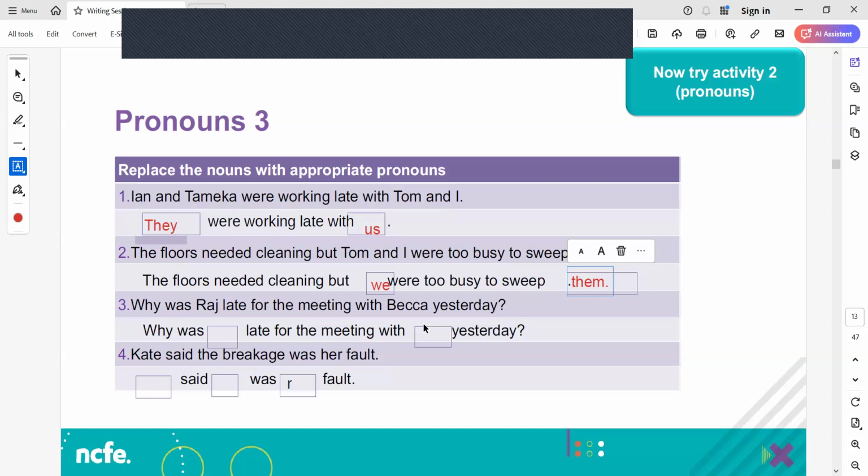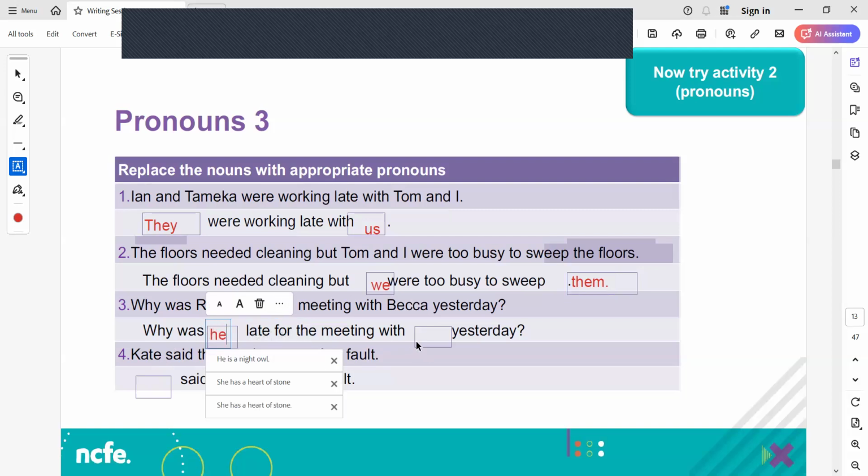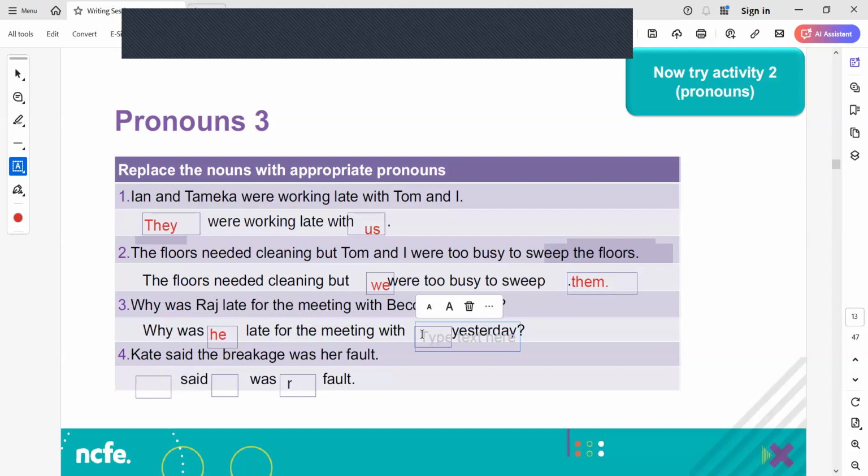Why was Raj late for the meeting with Becky yesterday? So what should we change Raj to? He. He, good. And Becca? Her. Good. Well done. Kate said the breakage was her fault.